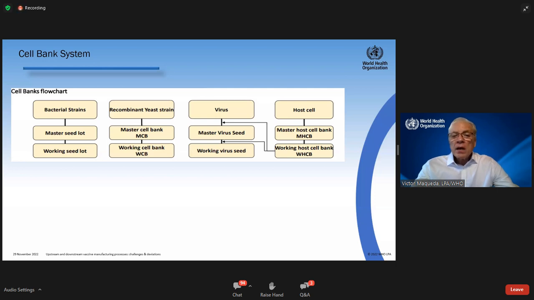For recombinant proteins and vaccines, we might have a recombinant strain, for example Pichia pastoris or Saccharomyces, which are genetically modified. And in that case, we would also have a master cell bank and a working cell bank.